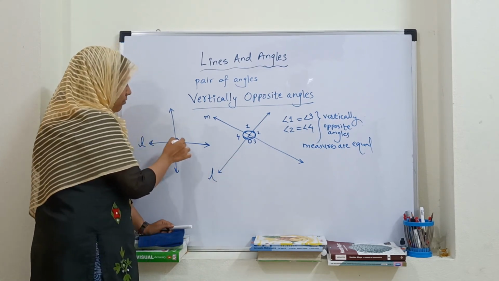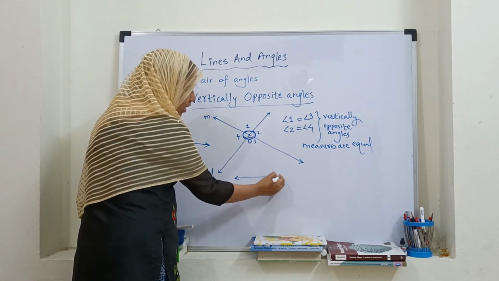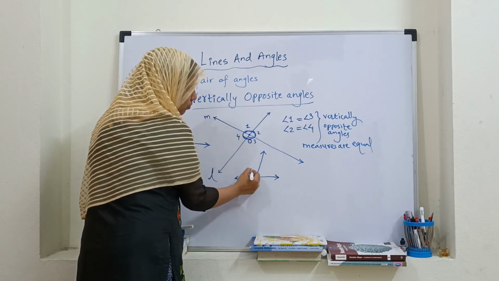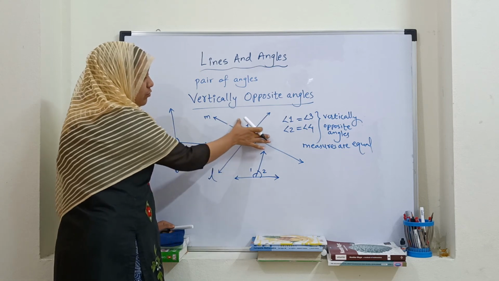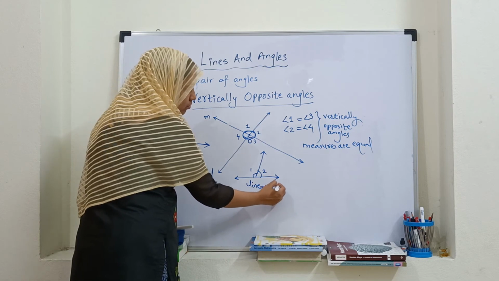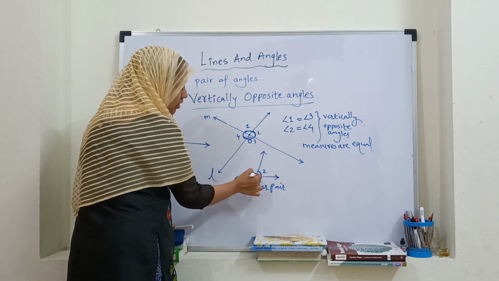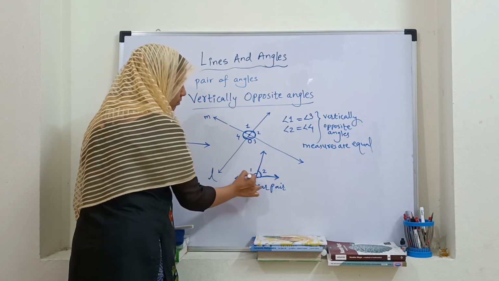And you see here, these are forming linear pairs also. If you notice this diagram, angle 1 and 2, if we hide this part of the figure and observe 1 and 2, they are again a linear pair. Linear pair means the angles which are adjacent to each other with one common arm and two opposite rays.